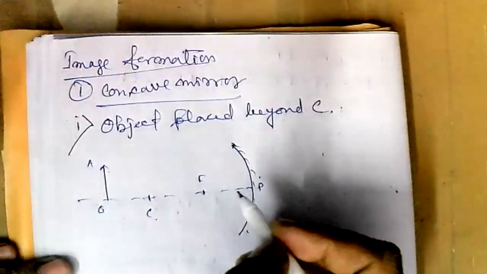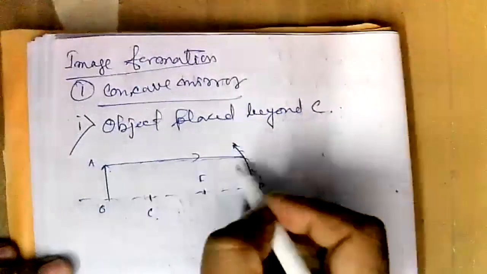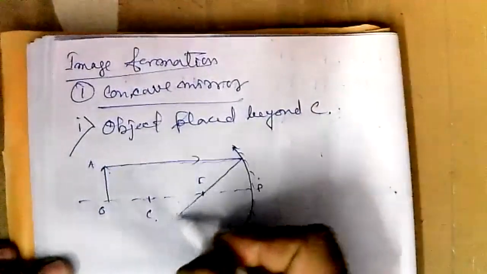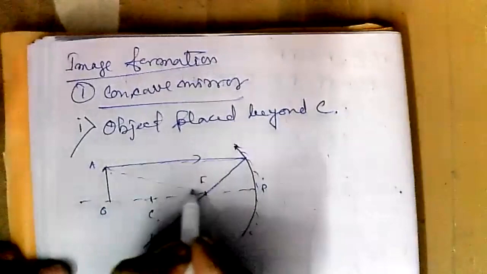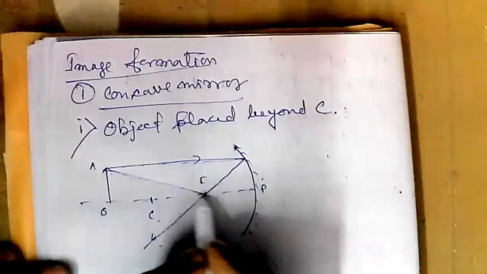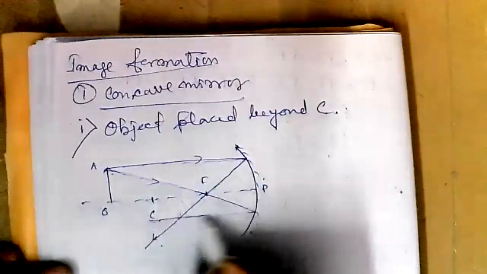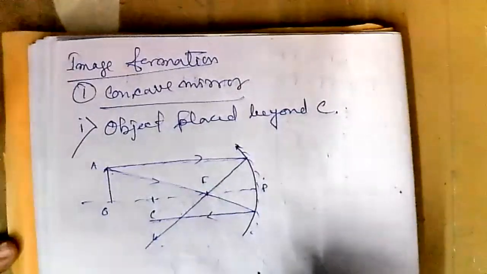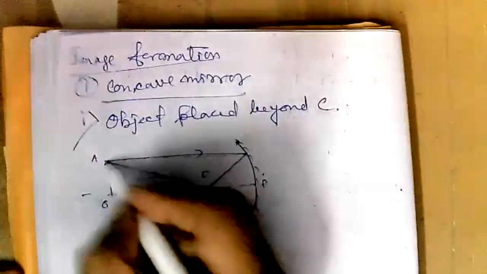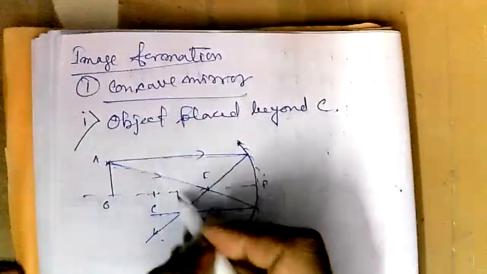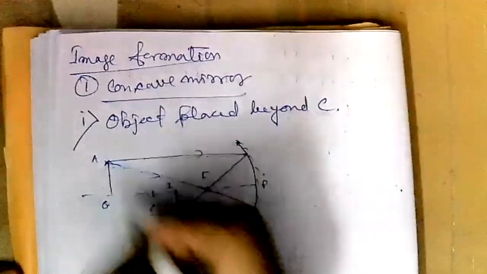OA is the object. First we send a ray parallel to the principal axis. It will pass through the principal focus after reflection. And we send a ray through the principal focus. After reflection, it will become parallel to the principal axis. These two rays meet at this point, so this point is the image of point A. Accordingly, IB is the image of OA.